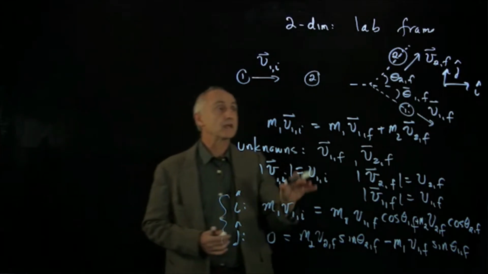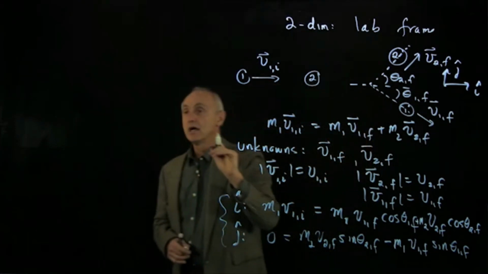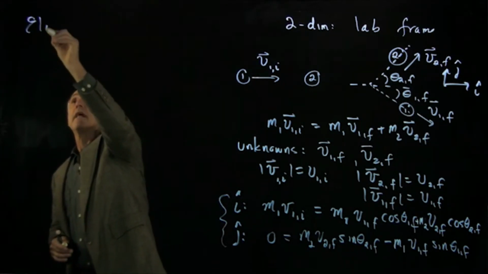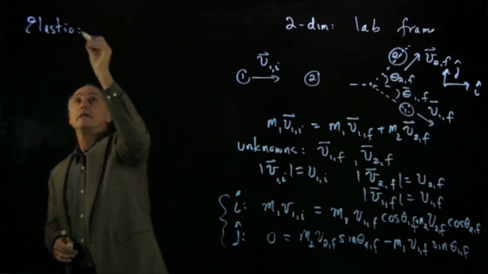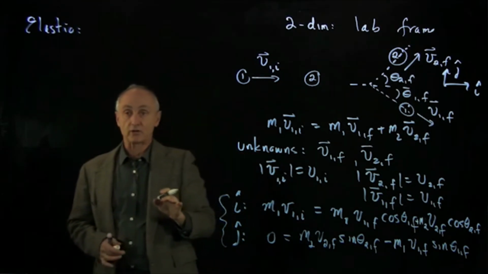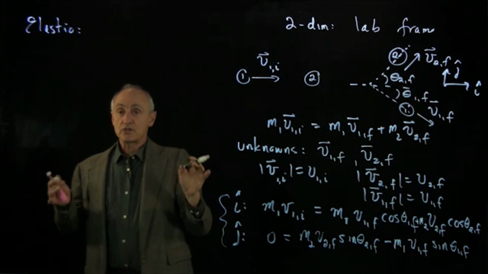Now we also have to think about energy. Again, we have to know something about this collision, and our assumption will be that this particular collision is elastic. And that means the initial kinetic energy is equal to the final kinetic energy. Energy is a scalar.